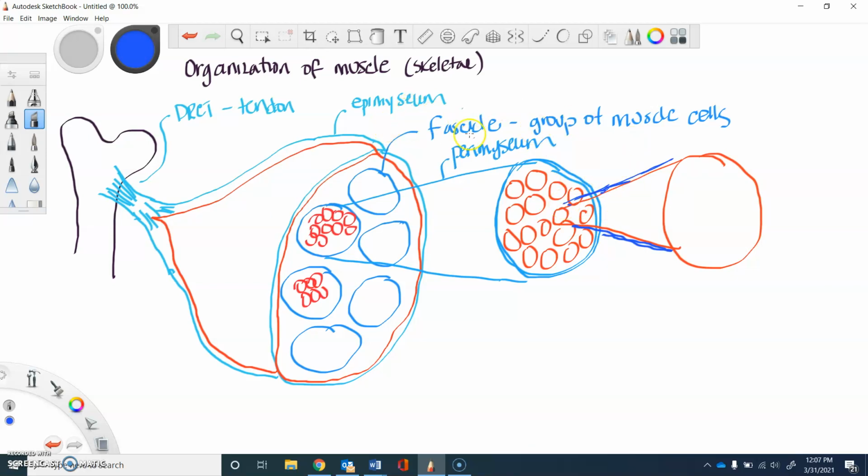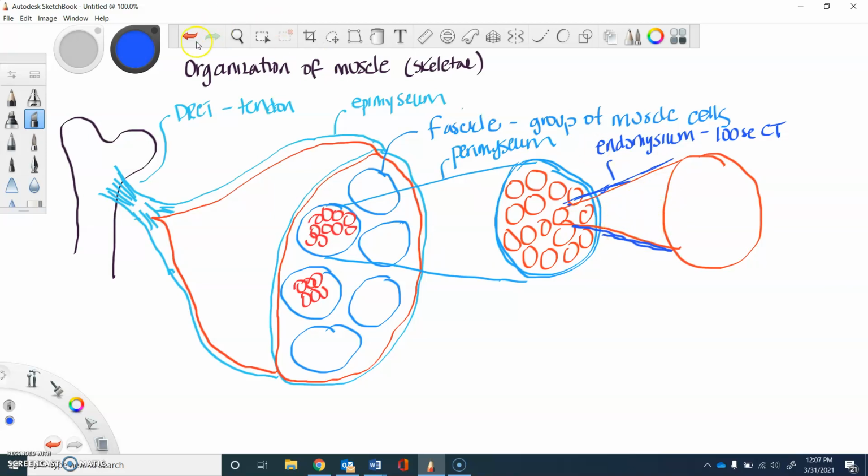So the epimysium and the perimysium are dense connective tissue. The tissue that surrounds the muscle cell is called endomysium, and it is loose connective tissue, like areolar connective tissue.